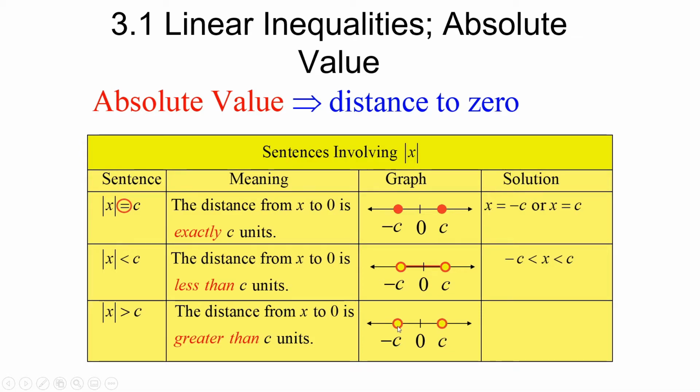But greater than means, okay, I'm working out. Arrow this way and arrow that way. And then my solution, there's going to be an or here because this is two separate inequalities on the same number line. X can be less than negative c, or x can be greater than positive c. And there you go.